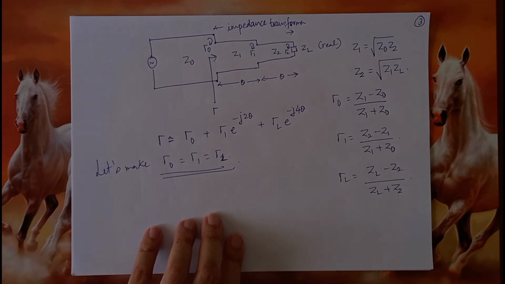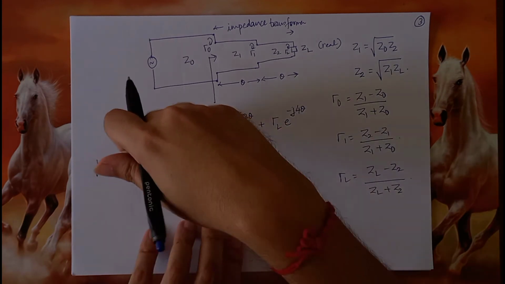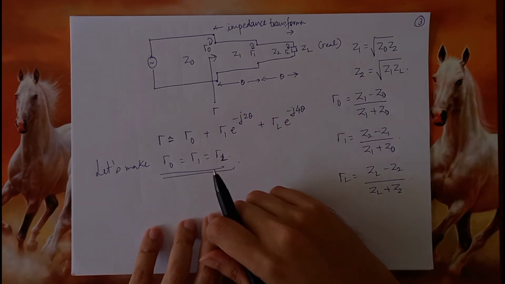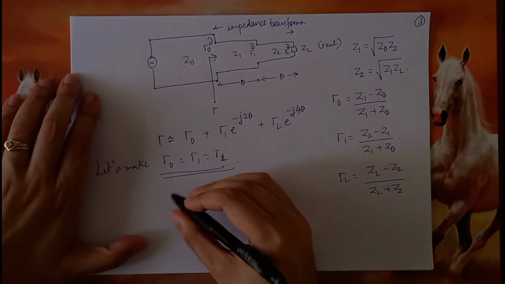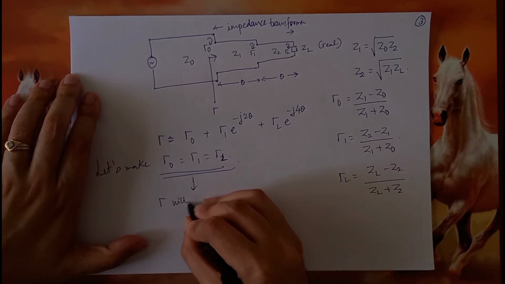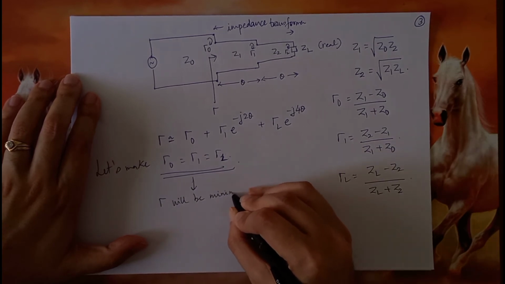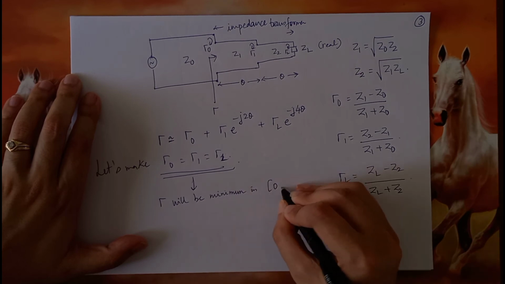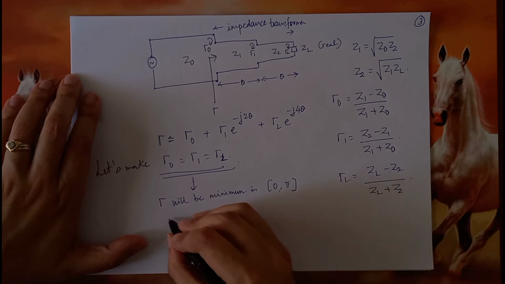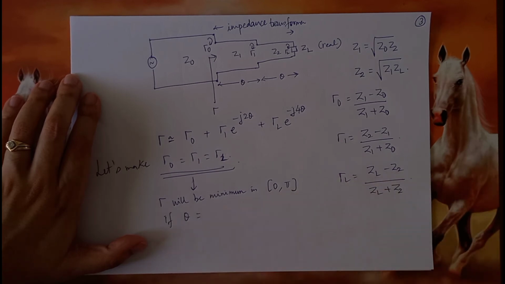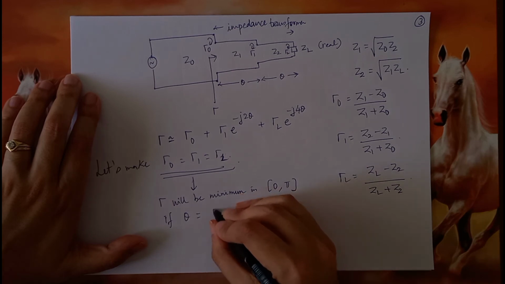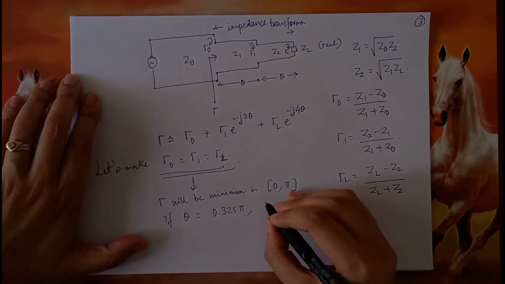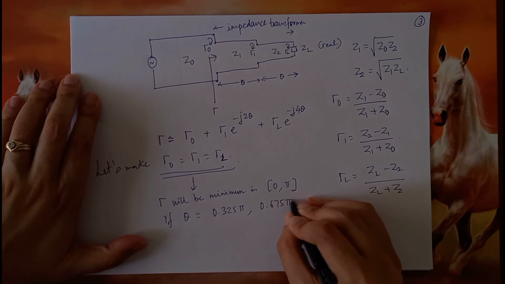It's not so easy to prove, but if we do this, you can use calculus with theta as the variable and find out for what values of theta gamma will be minimum. You can prove that gamma will be minimum in the 0 to pi interval when theta takes two values, that is 0.325 pi and 0.675 pi.